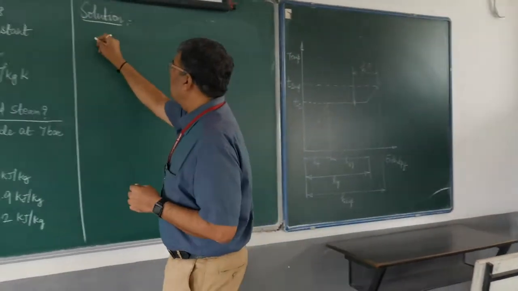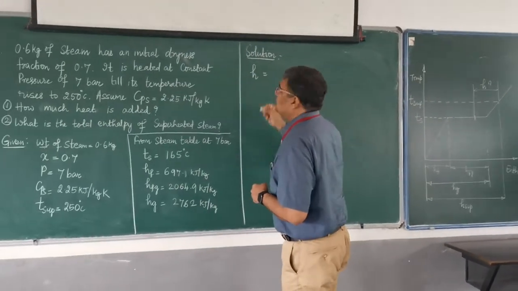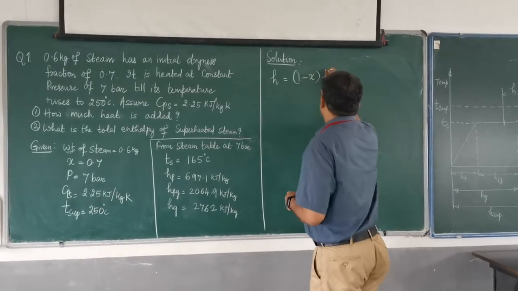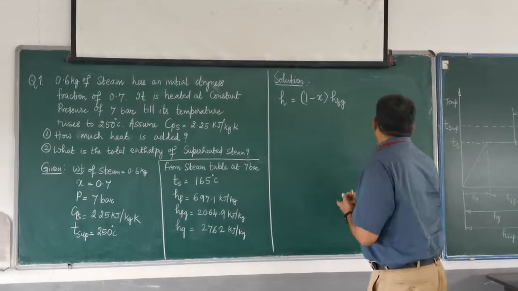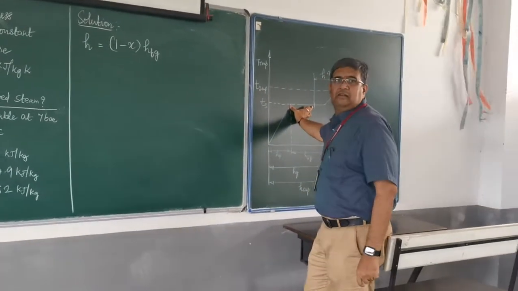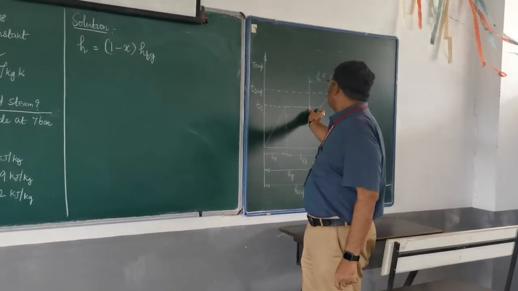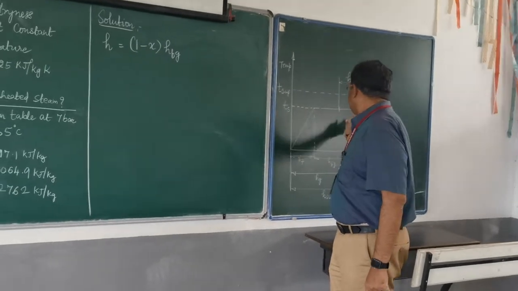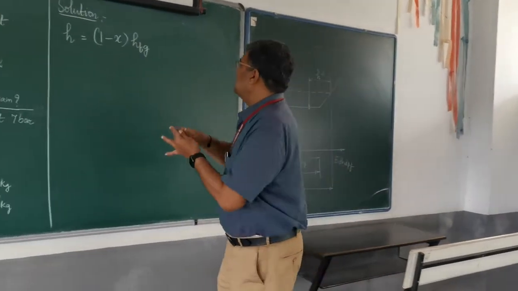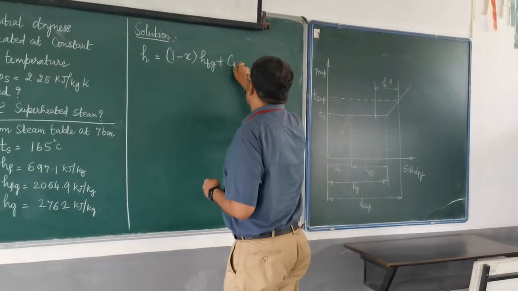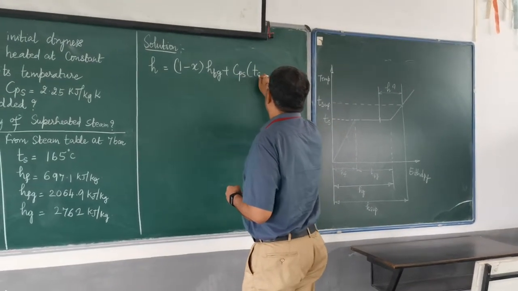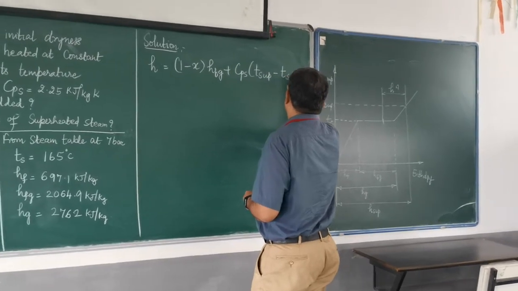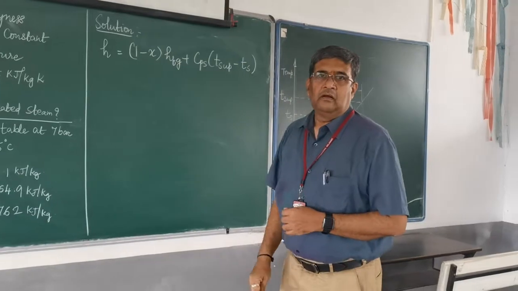So the enthalpy added, what I do now is H will be equal to (1 minus X) into HFG, because if this is the value of X, how much is remaining? 1 minus X. So (1 minus X) into HFG plus CPS times the temperature difference.